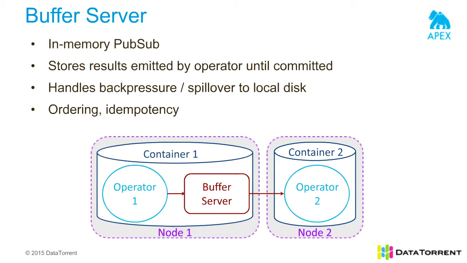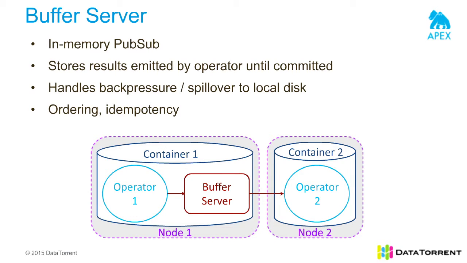The buffer server is collocated with the operator producing the data within the process, and it doesn't need to checkpoint state. The buffer server's purpose is to maintain the buffer in memory and make it available for the downstream operator to subscribe and read the data.